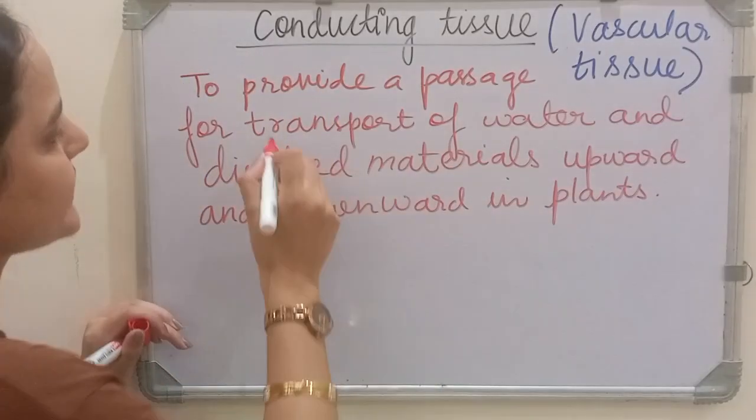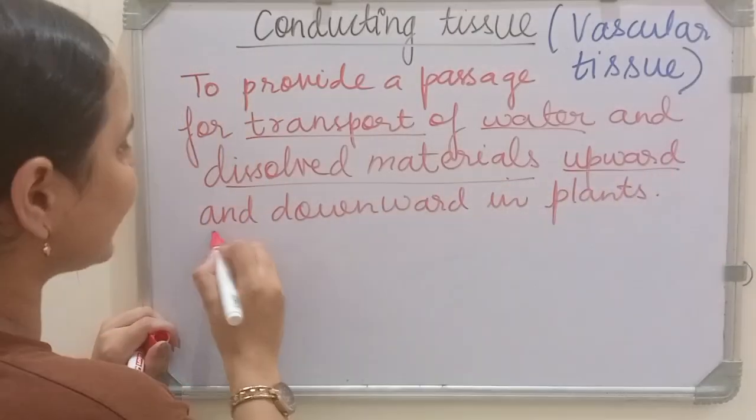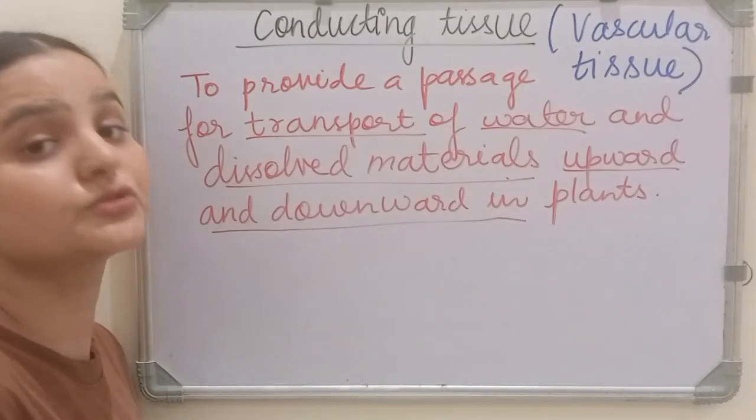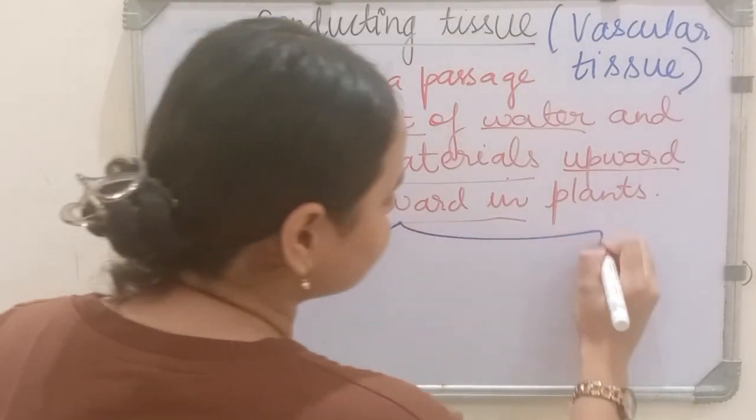Okay, so it basically transports water and dissolved materials in upward as well as downward direction in case of plants. And the two types of conducting tissue that are found in plants are xylem and phloem.